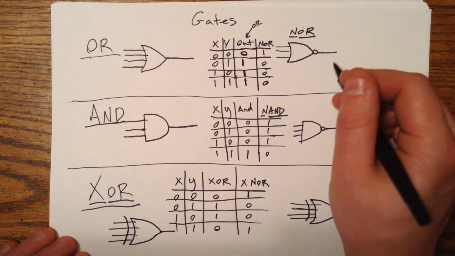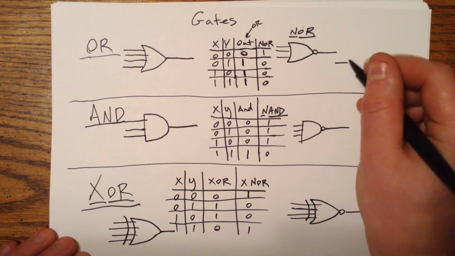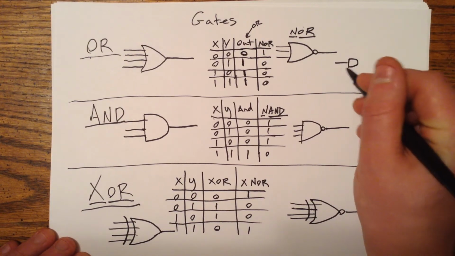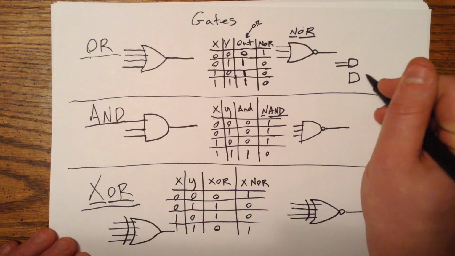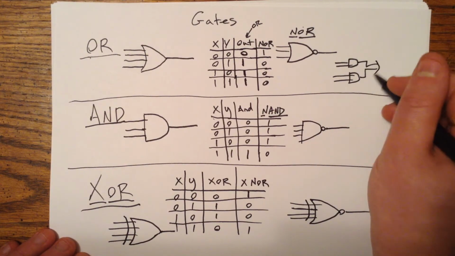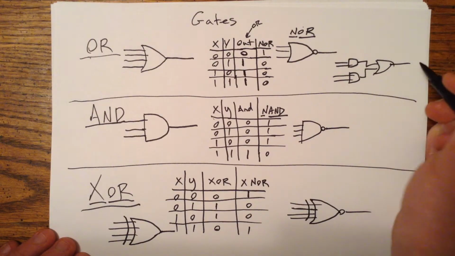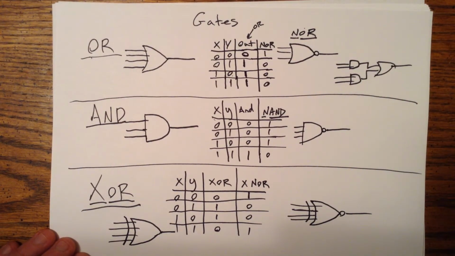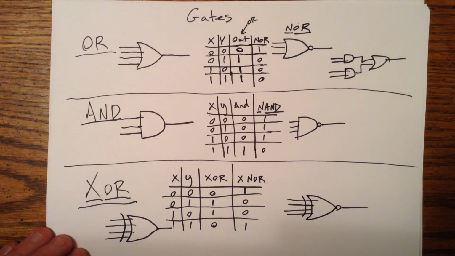You can use them in sort of a sum of products form, which would be shown like that. So as you can see, you can stack them and make much more complex circuits out of them, and this is just the beginning of digital logic. You're on your way to a wonderful semester if you start to understand these.